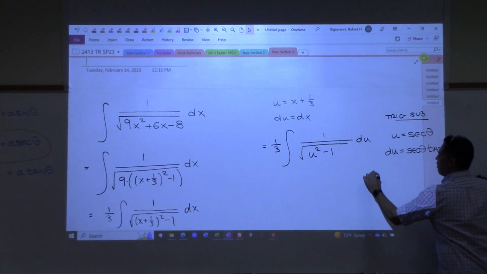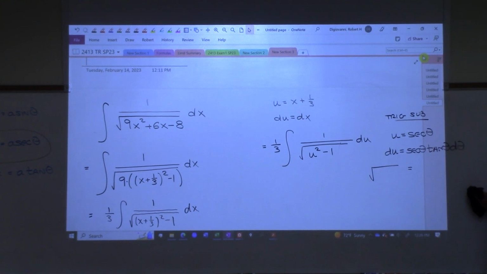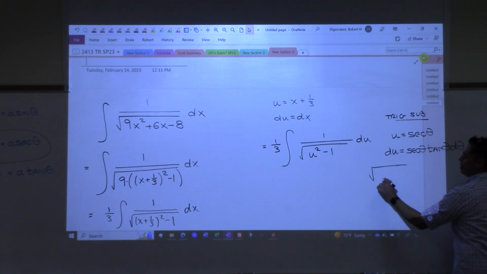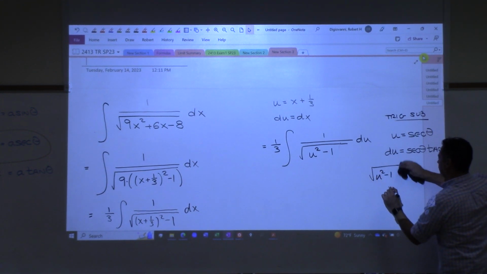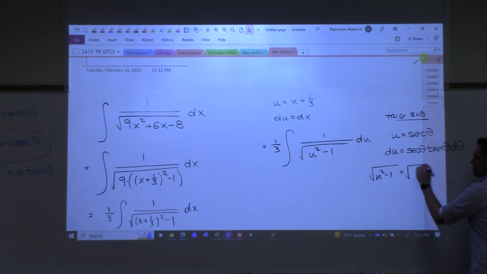And then the square root part. What would happen if I try to figure out what the square root of u squared minus 1 is? It's going to be just tangent theta. I replace u with secant theta, so secant squared theta minus 1, but that's tangent squared.